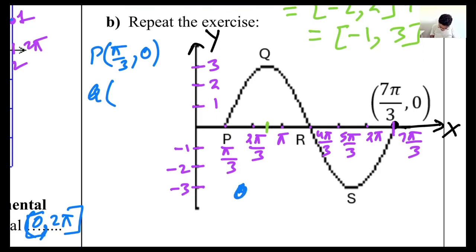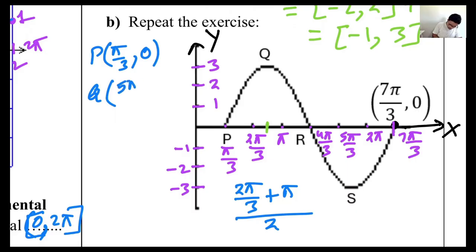So it's 2 pi over 3 plus pi, divided by 2. Make that 3 pi over 3. So you can add, it will be 5 pi over 3, and the 2 and 3 will multiply in the denominator. You will get 5 pi over 6. Okay, in the middle.